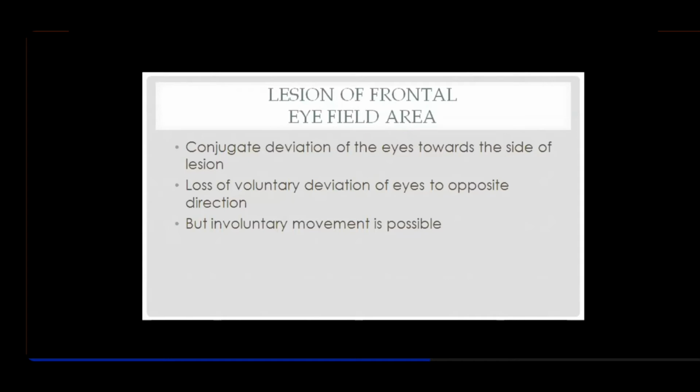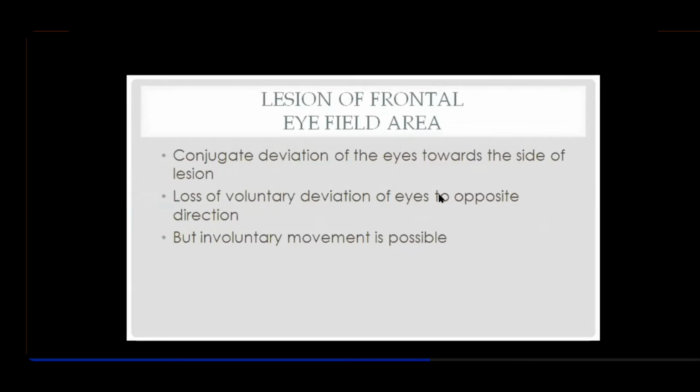So there is loss of voluntary deviation of the eyes to the opposite side, because the lesion is there, and the opposite conjugate movement of the eyes is not happening. So he will not be able to move the eyes to the opposite direction. But to compensate for that, what will he do now? He will move his head to the direction to which he wants to see.